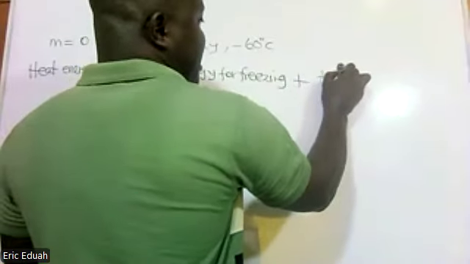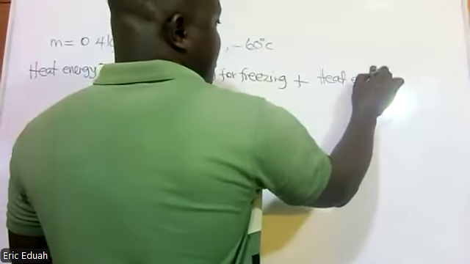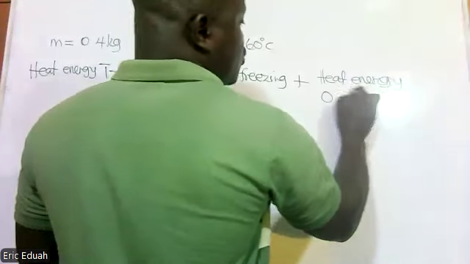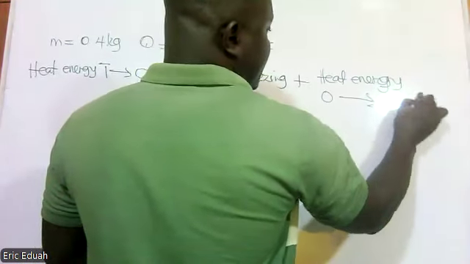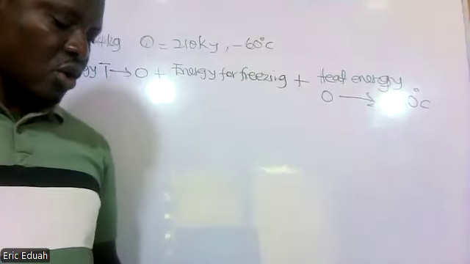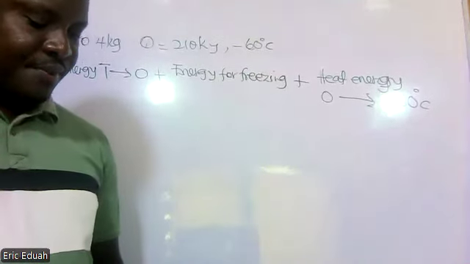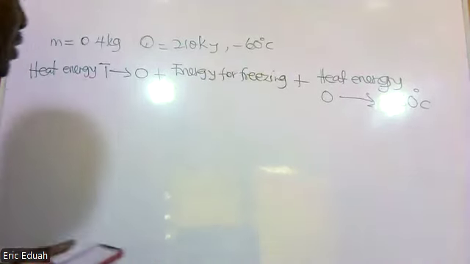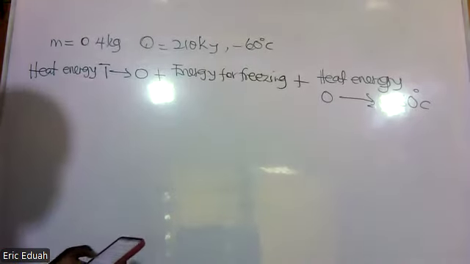Another latent heat energy from 0 to negative 60 degrees Celsius until it becomes equal to that on Mars. Okay, so these will be the stages, and we are told that the total energy to do that is equal to 210 kilojoules.